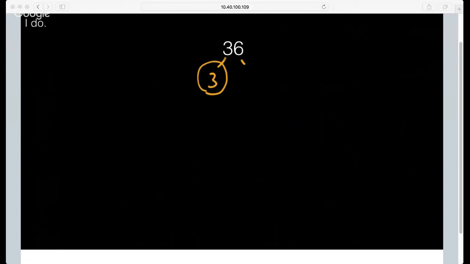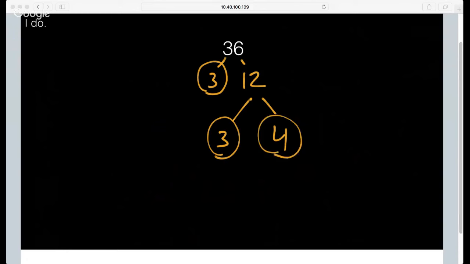If I take out a 3 from this, I'm going to be left with 12, right? And 12 is not prime, so I won't circle that. In fact, I'll break it down even further. I could take out a 3, and that leaves me with a 4. 4 is not prime because I can break it down further to 2 and 2, and 2 is prime.